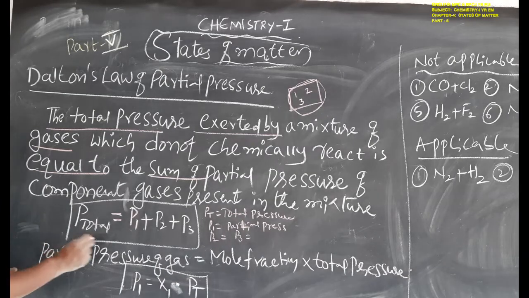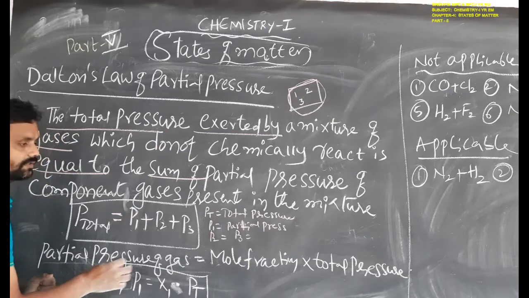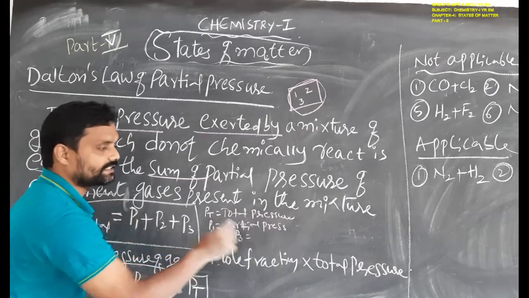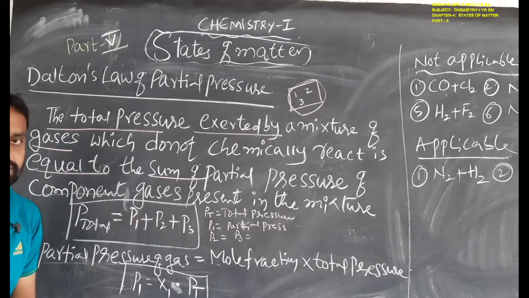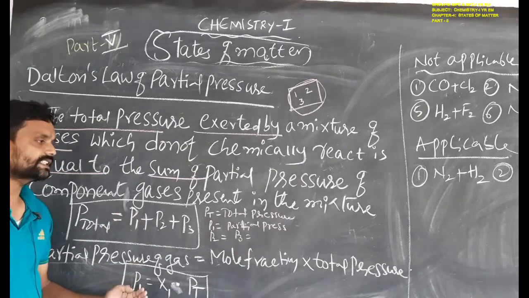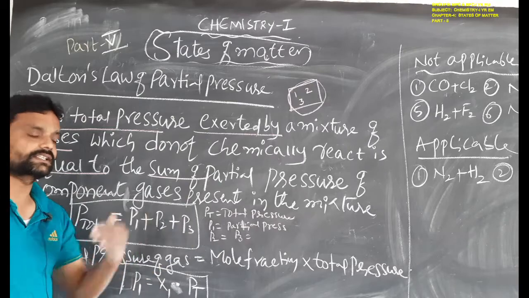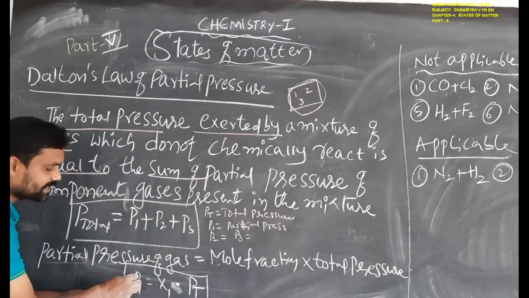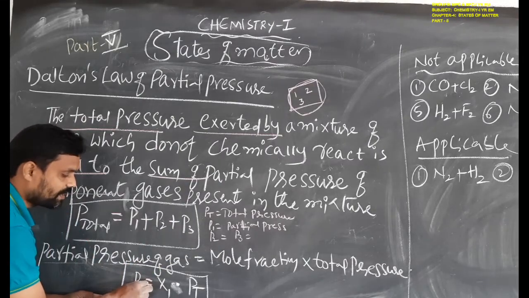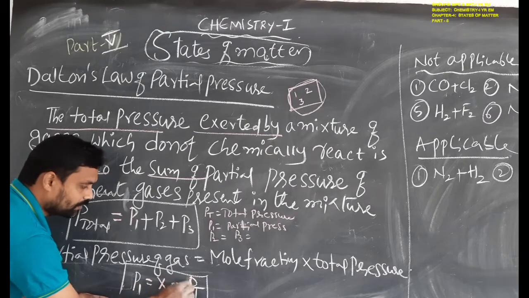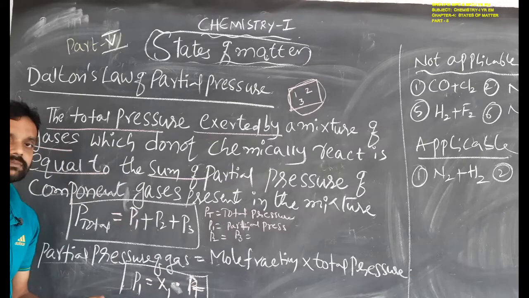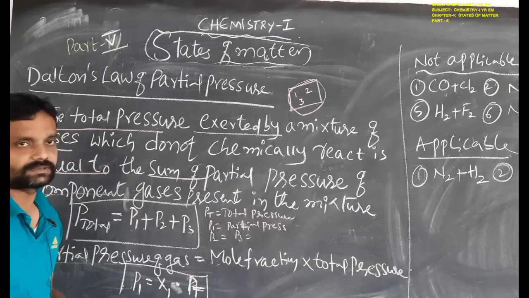Then the partial pressure of a gas is equal to mole fraction into total pressure. Partial pressure of any gas is equal to mole fraction into total pressure. For example, the partial pressure of the first gas is equal to the mole fraction of the first gas into total pressure. By using this formula, we can find the partial pressure.